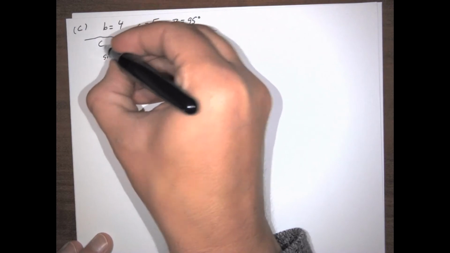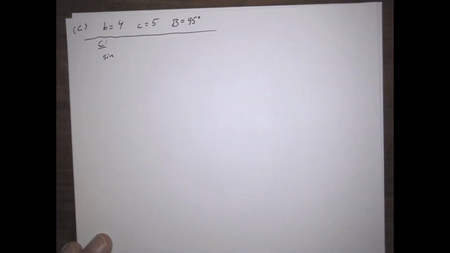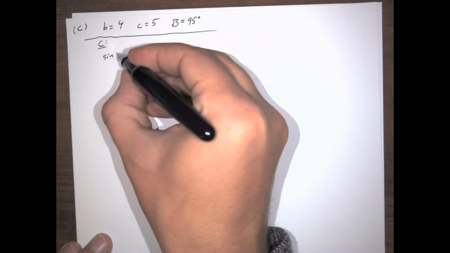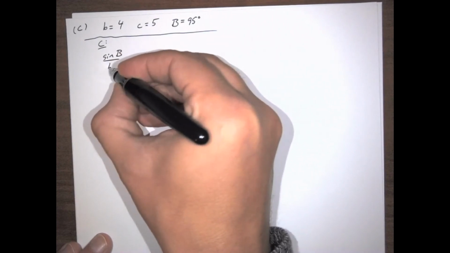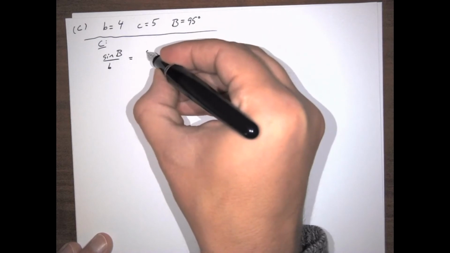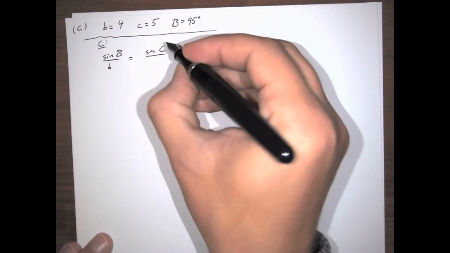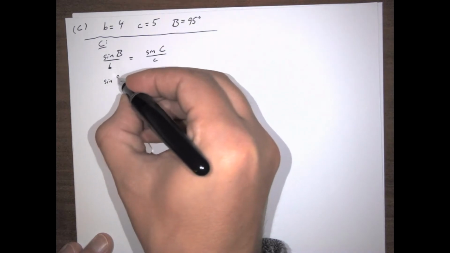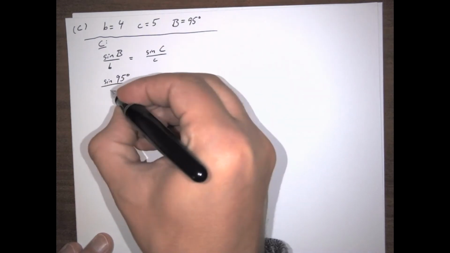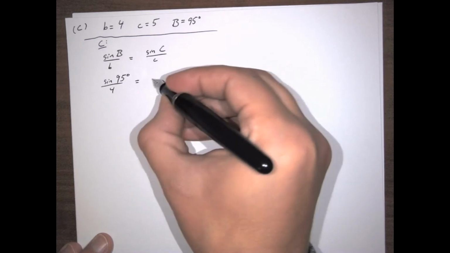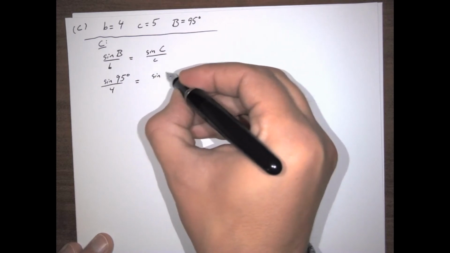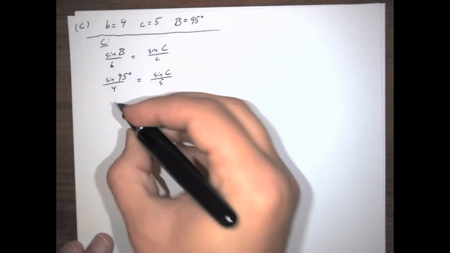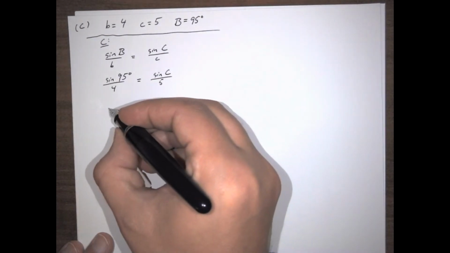So if I want to find first angle C here, I would take the sine of B over little b, and that's equal to sine of big C over little c. So here that's sine 95 degrees divided by 4, which is equal to sine of our mystery angle divided by 5. So then I would multiply both sides by the 5 there.